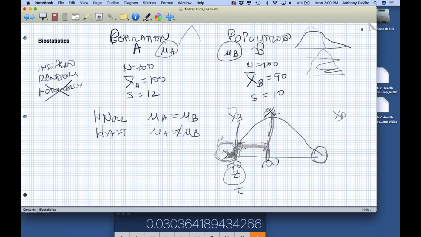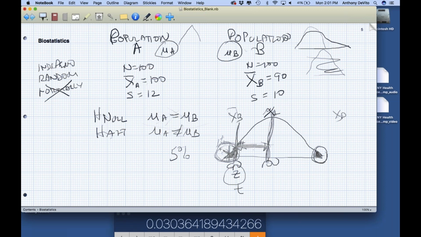So whatever this area is, I'm going to double it so I cover one being bigger or smaller than the other, right? So I want to know what that area is so I can tell if it's more or less than 5%. The chances that I would get that extreme a difference that would make me say that they're not equal, but be wrong and that they actually are equal. Could happen, right? But we want it to happen very rarely, less than 5% of the time.